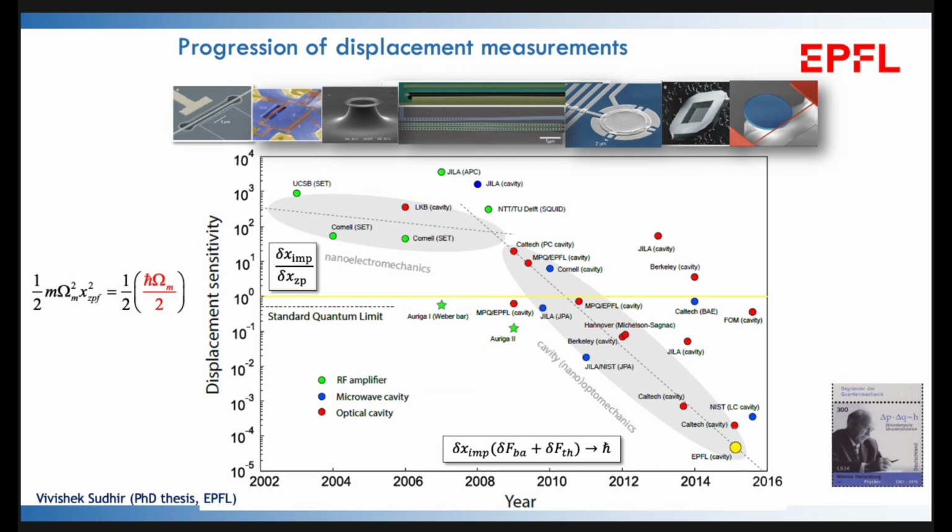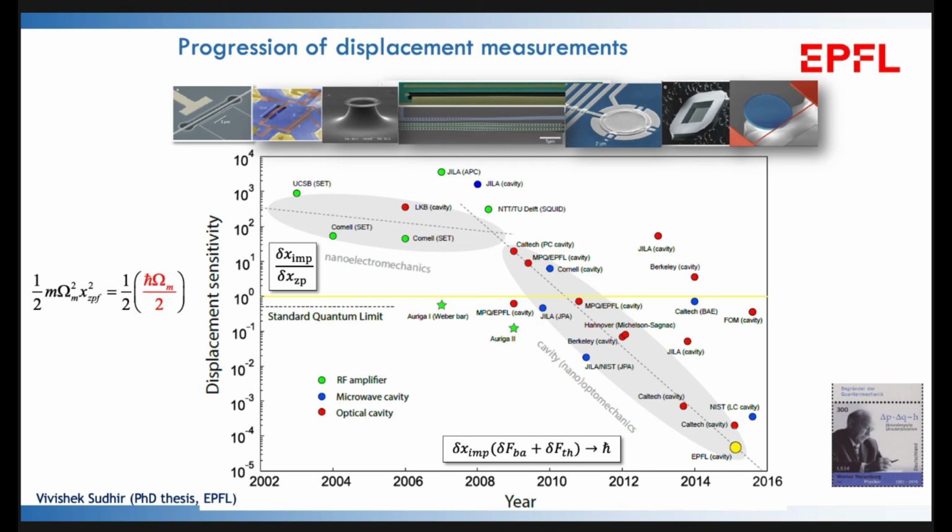This is a graph I took from Vivek Sudhir's thesis. Plotted here is the displacement sensitivity of measurements made on mechanical systems of all sorts, as a function of time. What's rather interesting is that it's been historically very challenging to make measurements at the standard quantum limit.